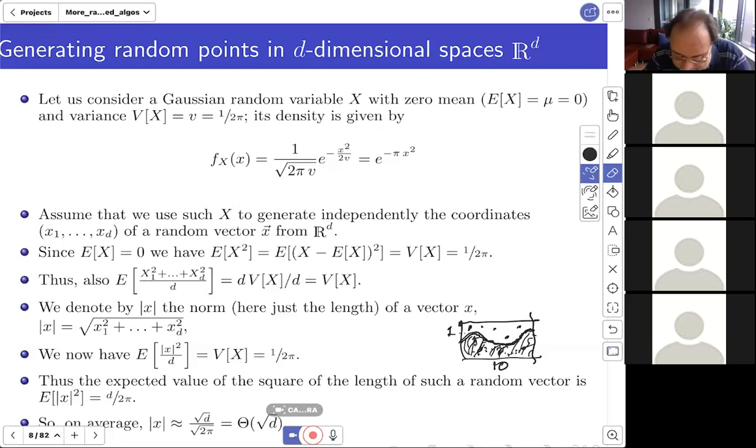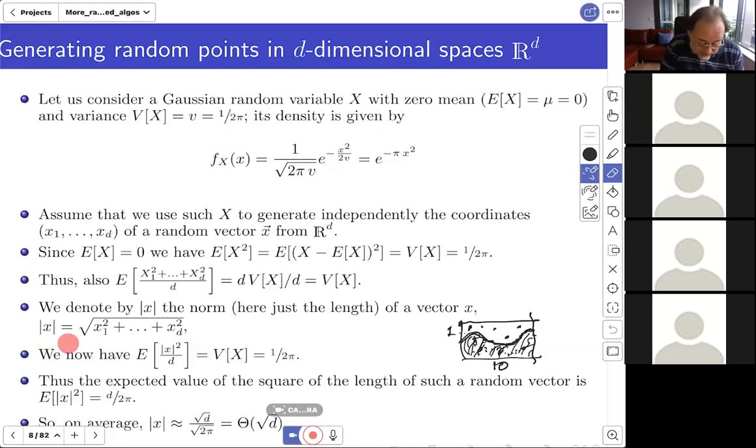So try for yourself in your favorite language, generate say 10 vectors in the vector space of dimensionality 100,000. So simply generate 10 arrays of values, each value randomly drawn from a fixed distribution. It doesn't have to be necessarily Gaussian, but Gaussian is the easiest to deal with. So simply draw all coordinates and find the length of this vector.